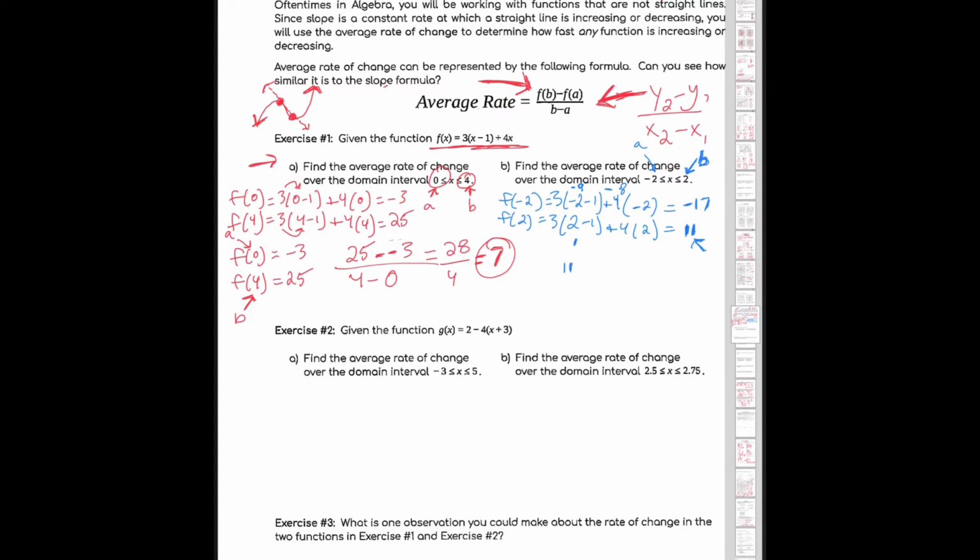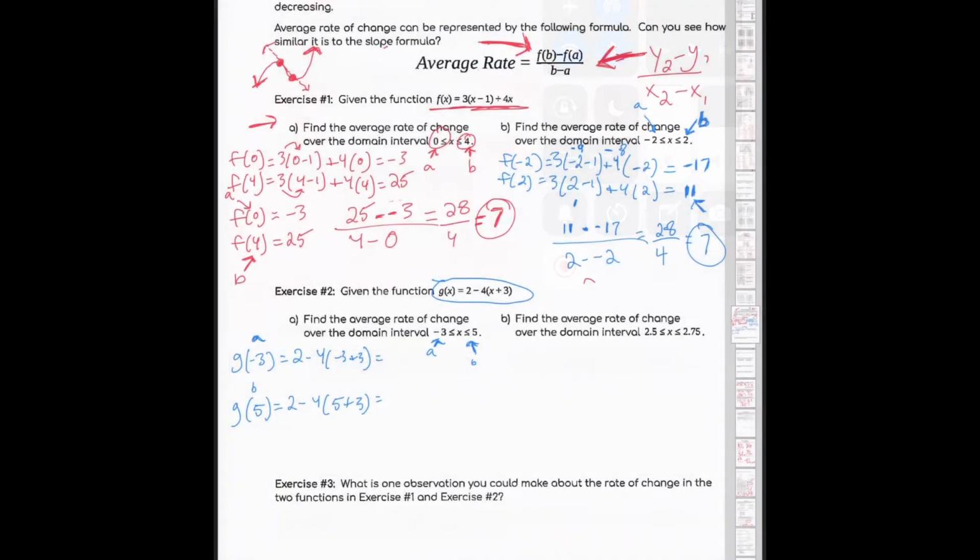So we have 11 minus negative 17 over b minus a, 2 minus negative 2. So 11 minus negative 17 would be 28. 2 minus negative 2 would be 4. We divide those, and our rate of change, again, here is 7.